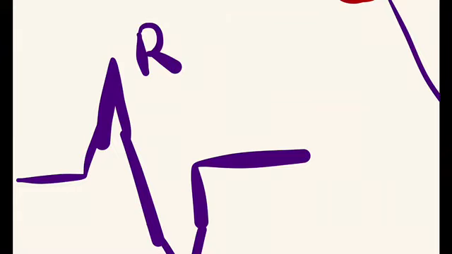The same finding we can see here in lead V1 because of the infarction of the posterior wall of the left ventricle. Then what will be the change that we should see to differentiate between right ventricular hypertrophy and this?